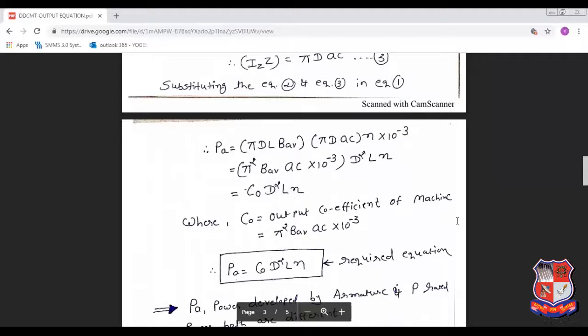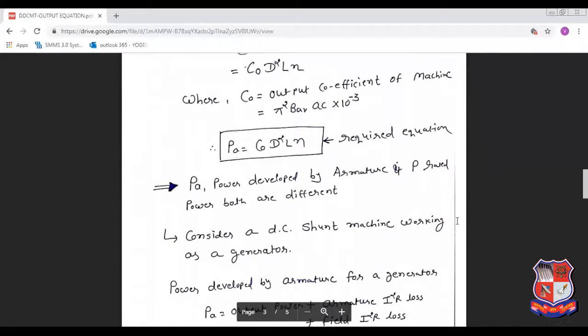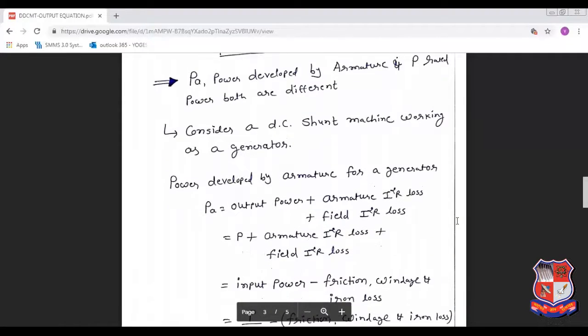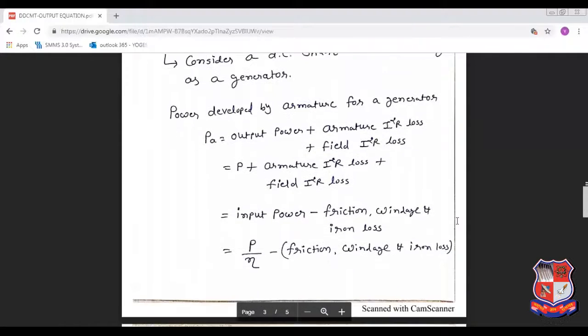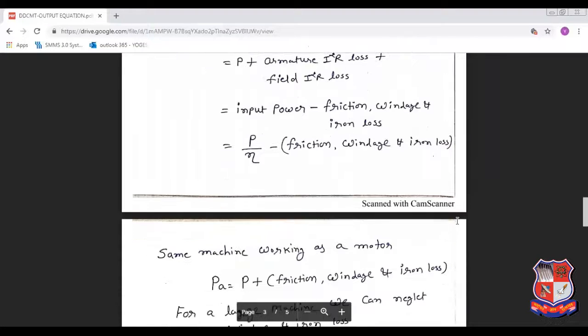So in this video, I explained the output equation of a DC machine, the relations between the power developed by armature PA and output power of a machine P, and also described the advantages and disadvantages of selection of higher value of specific electric loading and specific magnetic loading.